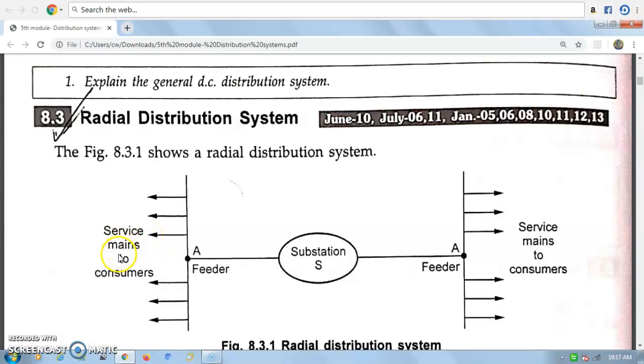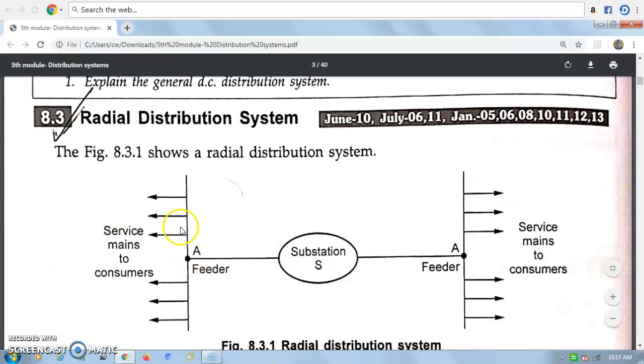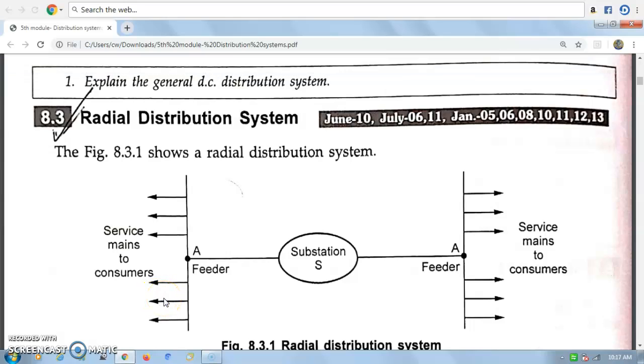Therefore, interruption of the supply occurs to whatever consumers are connected to this system. At the other end, and also nearer to this end, consumers are also affected. Since the distant end is far away from the substation, the consumer at the distant end of the distributor would be subjected to voltage variations and fluctuations, as the load on the distributor changes.